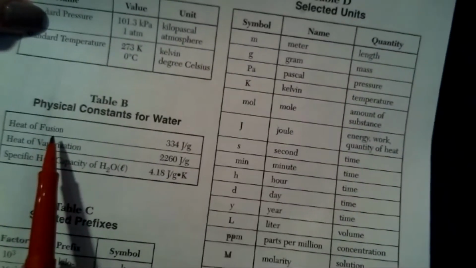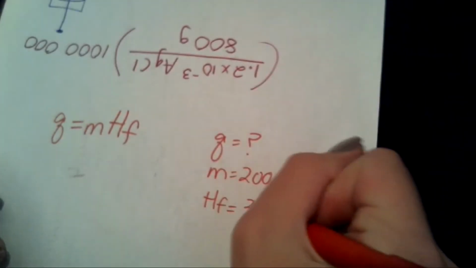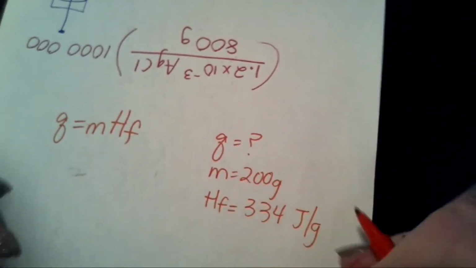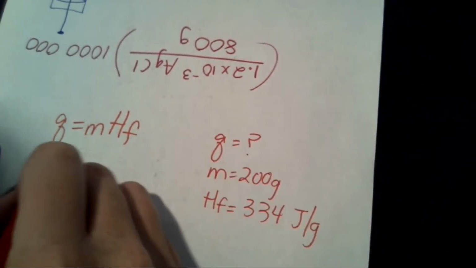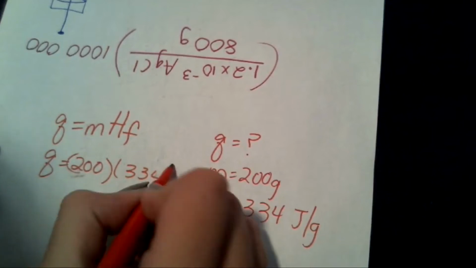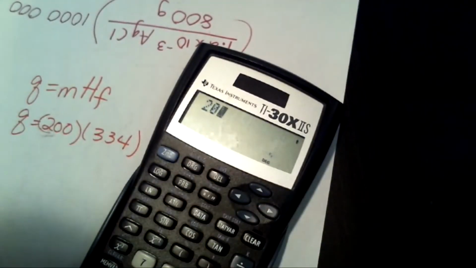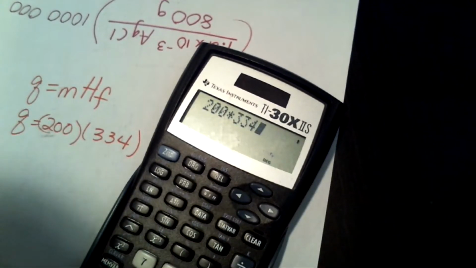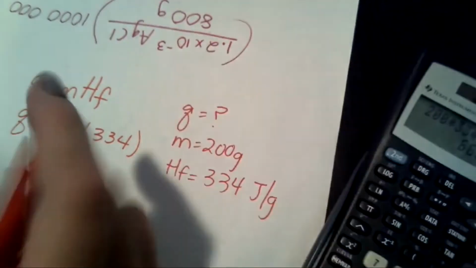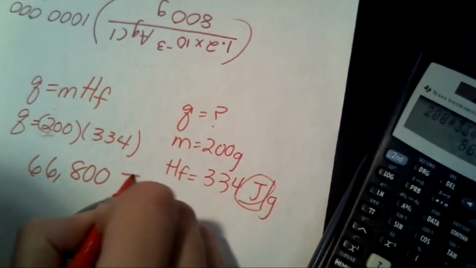I can find that on the front cover. Heat of fusion of water is 334 joules per gram. Plug this all in. Q equals 200 times 334. Plug in your units or not, doesn't matter. They only want the answer, doesn't matter about the process. 200 times that 334 is going to give me 66,800. And that value is joules.